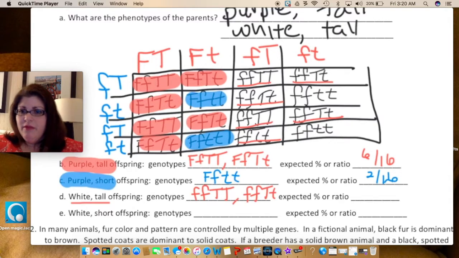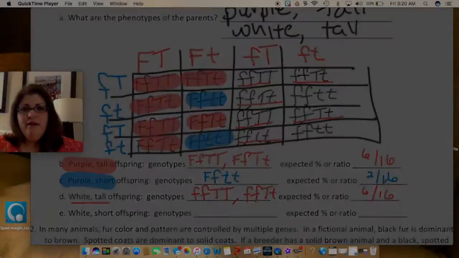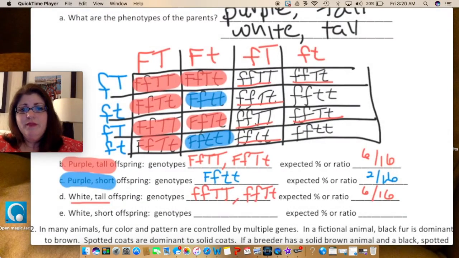And of the 16, there are 6. So 6 out of 16. Finally, we're going to be looking at what has recessive for both, so only lower cases. And there are 2, and both of them have little f, and little t. So 2 out of 16. We can always check our work by making sure that they add up to 16.